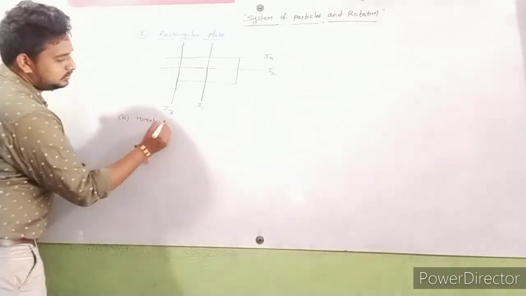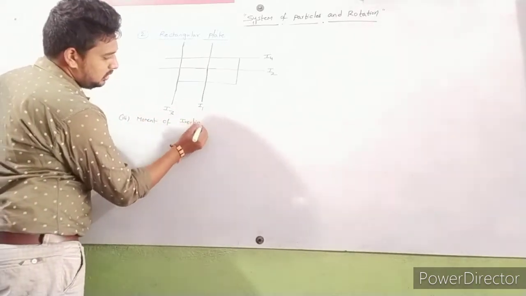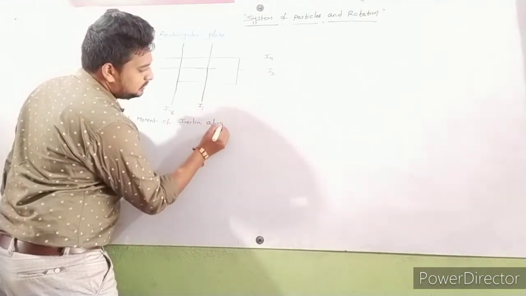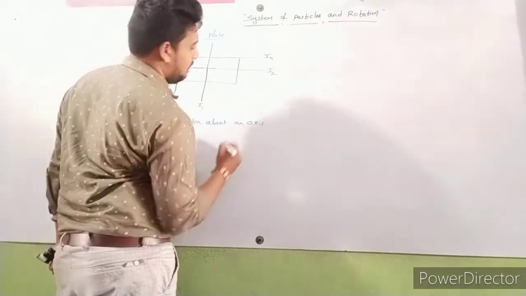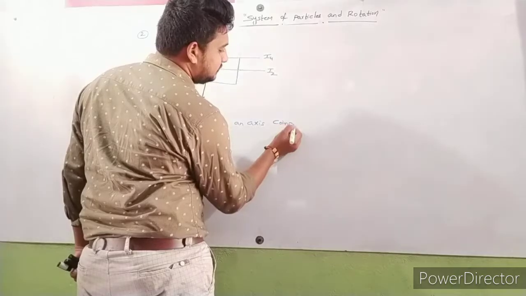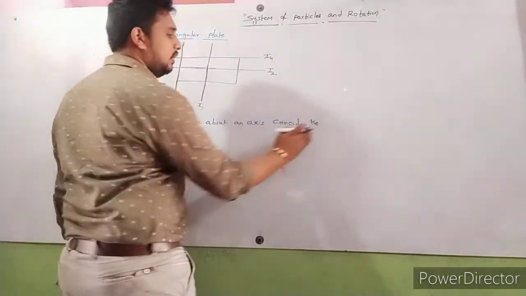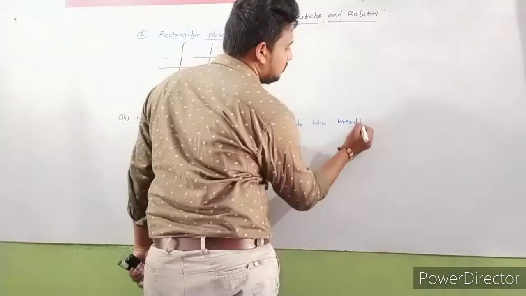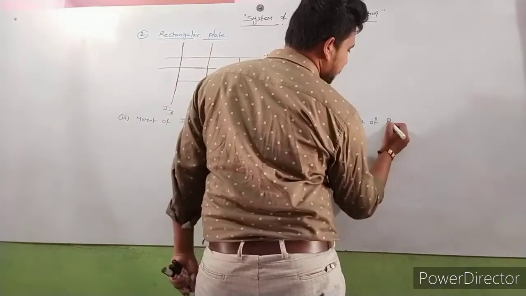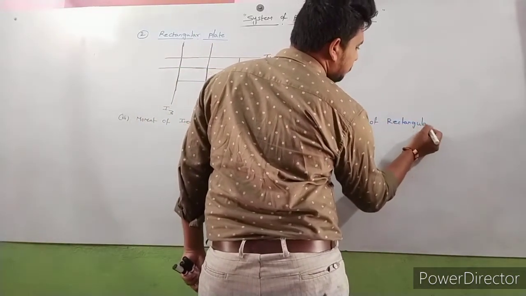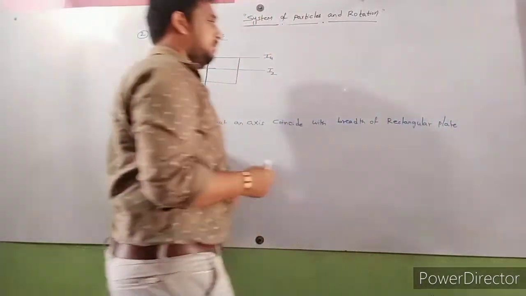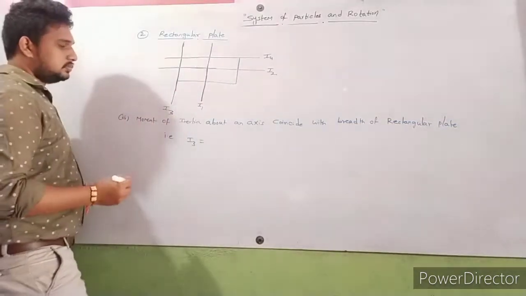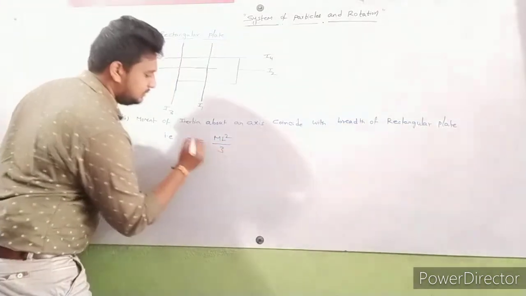Moment of inertia about an axis coinciding with breadth of rectangular plate, that is I3 is equal to ml square by 3.